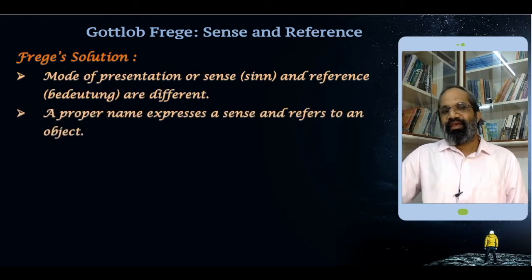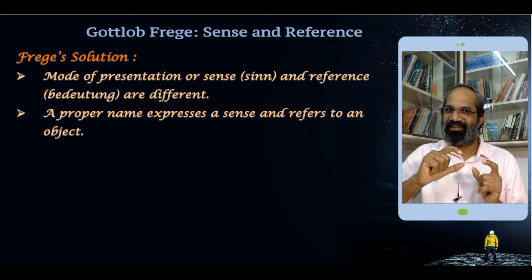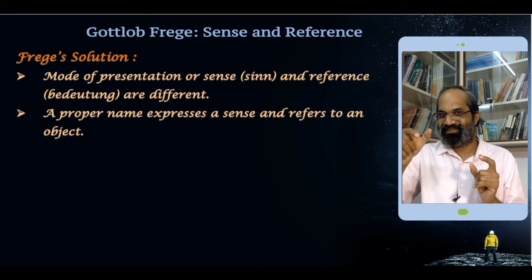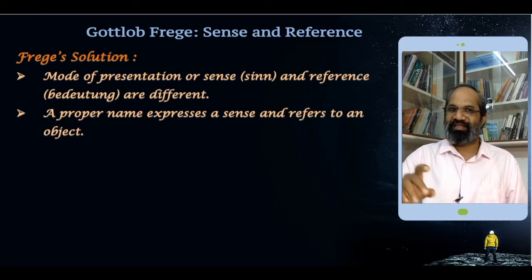Now, what he says is that a proper name expresses a sense and refers to an object. When we say morning star, it expresses a sense, the star which rises at the eastern horizon before sunrise. That's the sense, and it refers to an object, that is Venus.